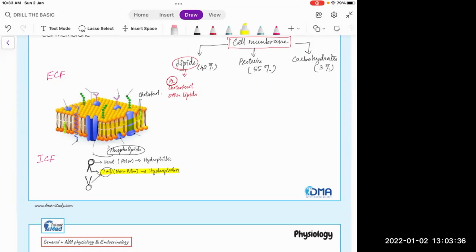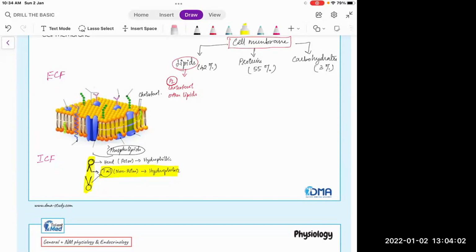It is having fear of the water. So it doesn't want to face the fluid, whether it is intracellular or extracellular. That is the reason why the phospholipids are arranged in this inverse manner, one in the straight manner and the other in the inverse manner. It is because the tail portion of the phospholipid is non-polar, which is hydrophobic.